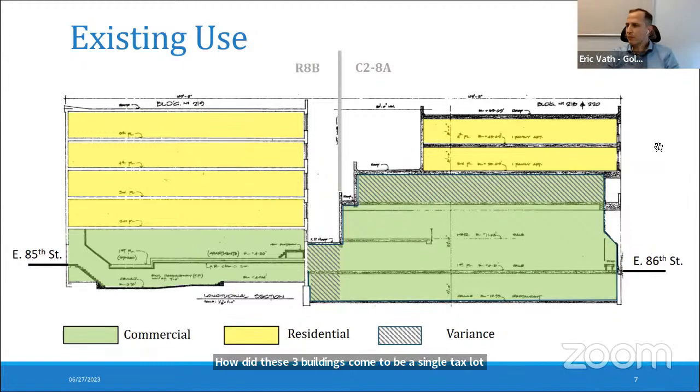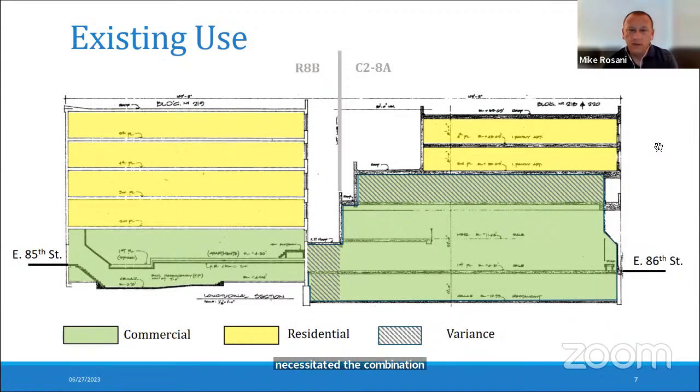I might have to refer to Mike if he has some background on that, but my understanding was they now have, I believe, a single C of O, and I believe there's egress provided from one of the, I think it's the Orange Theory space out to 85th Street. Is that correct, Mike? Is that what necessitated the combination? That is correct.